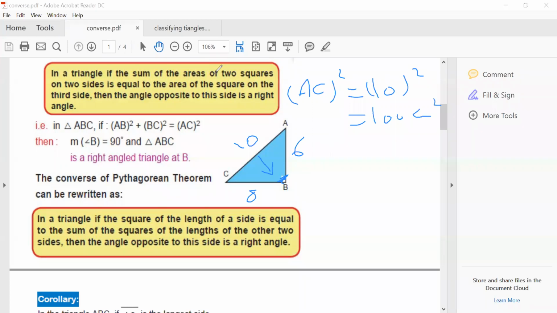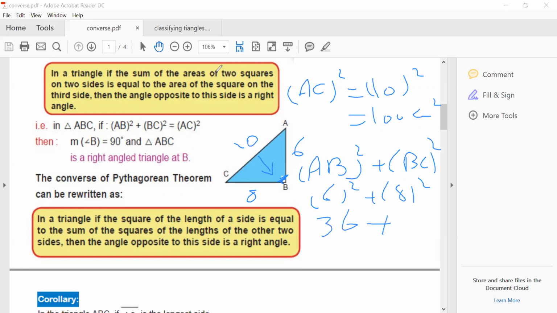Okay, what about AB squared plus BC squared? It is 6 squared plus 8 squared, 36 plus 64 equals 100. So as the sum of the squares of the other two sides equals the square of the third side, the angle opposite to this side is right.